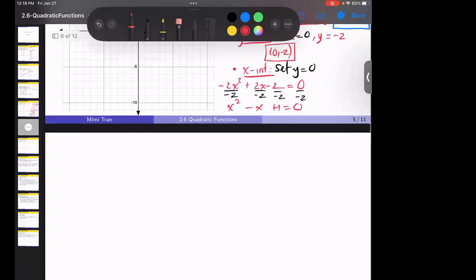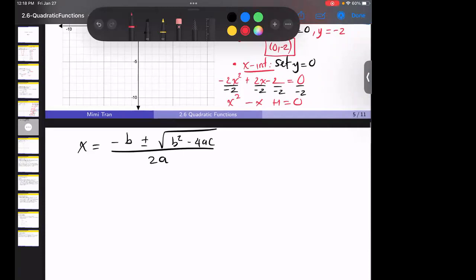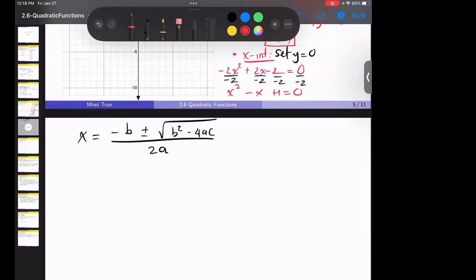So, quadratic formula. x equals negative b plus or minus the square root of b squared minus 4ac, over 2a. If you look up the quadratic formula on YouTube, they probably have a song for you, but I'm not going to sing. Spare you that part. Plug it in.